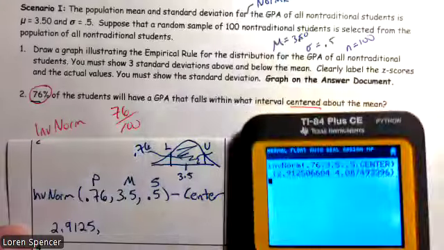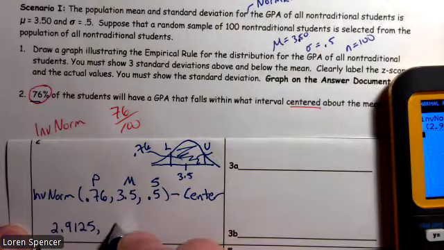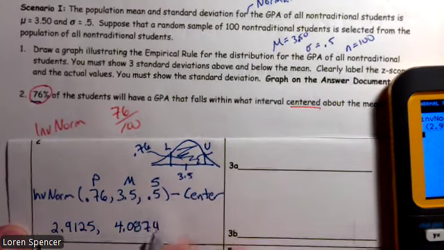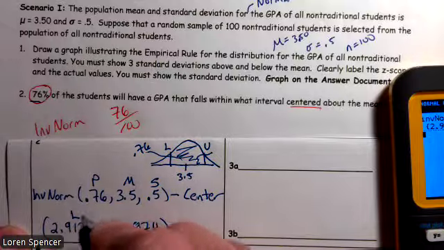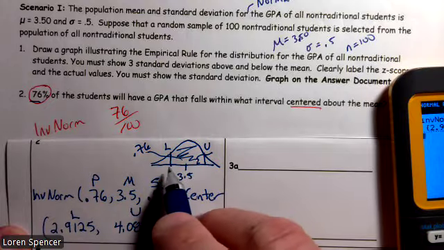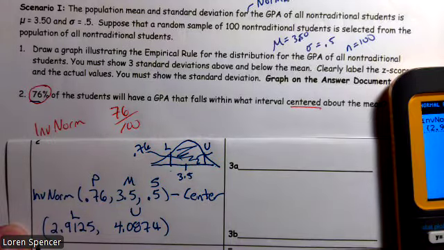And we get an upper bound of 4.0874. Put that in parentheses and label that lower and upper because those were the values that we were looking for, that lower bound and that upper bound value.